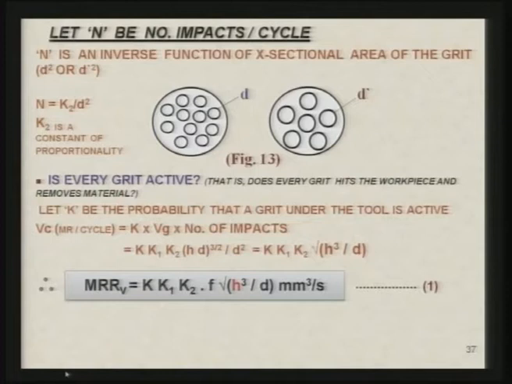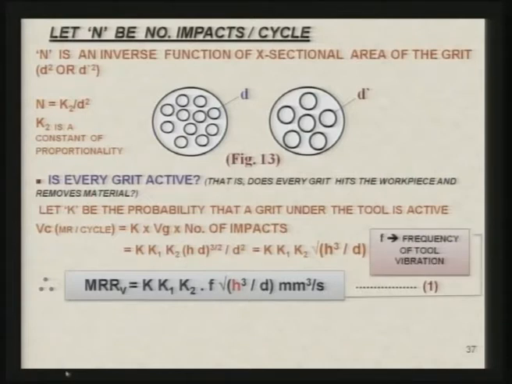Now, here we can see it is multiplied by f, where f is the frequency of vibration of the tool, and you can determine k, k1, k2 from the experimental results. f is already known, that is the frequency of vibration, and d is the diameter of the grit, which is also known, but we do not know the depth of penetration h.